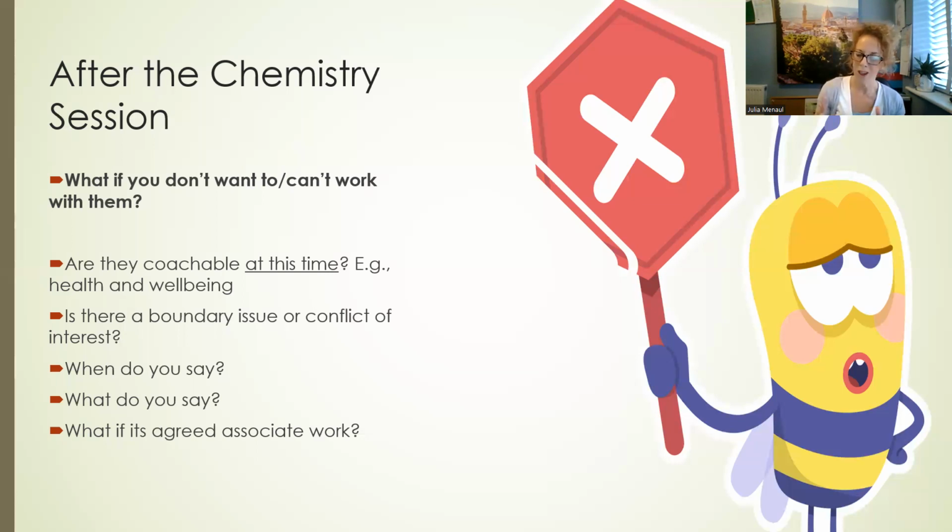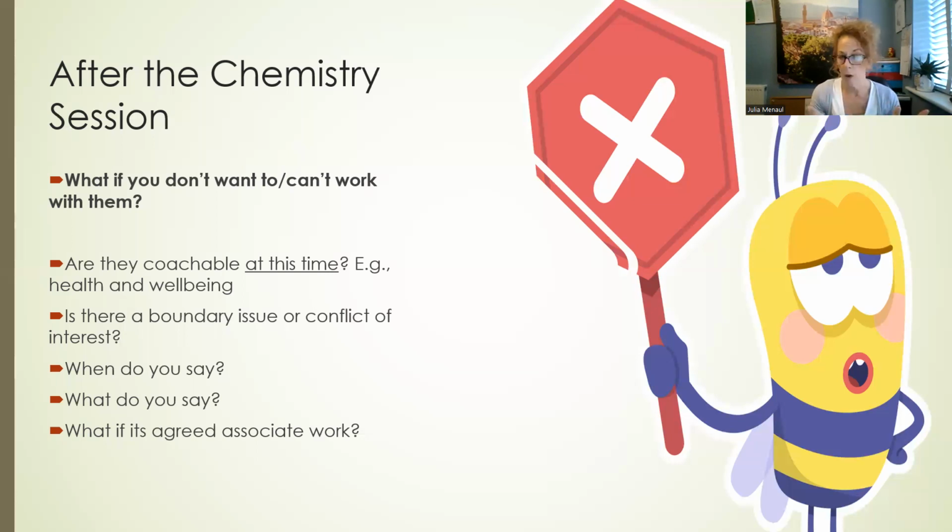Now, in this scenario, unfortunately, it was associate work, and the associate company had not told the coach what the actual company name was. So back to that thing again, trying to get more information out of the associate company before going into a chemistry session is helpful.